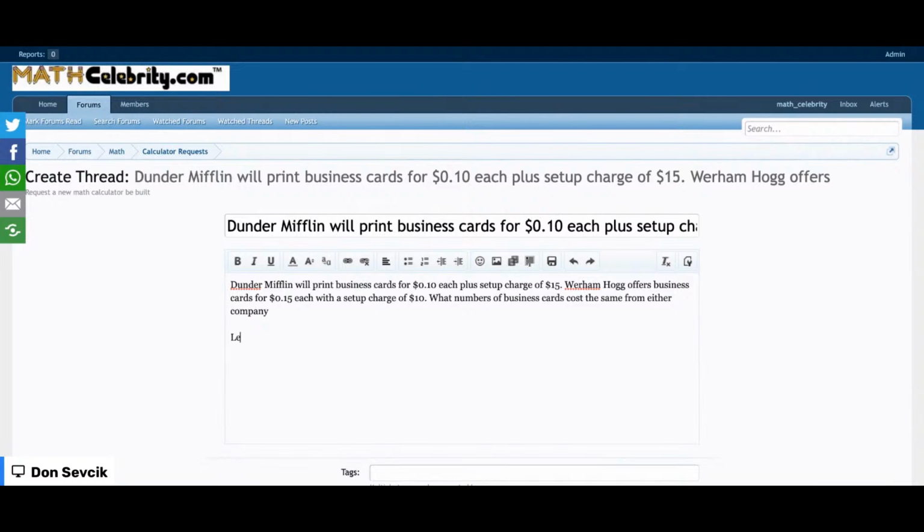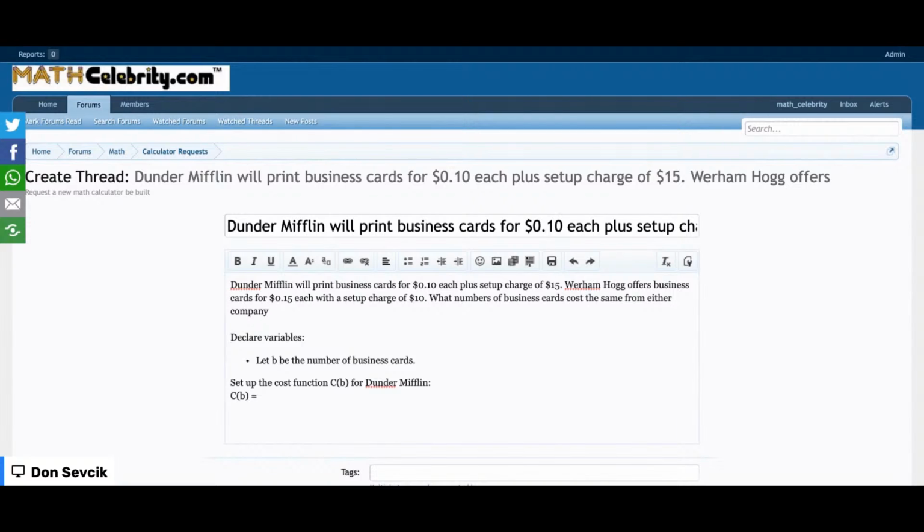Let B be the number of business cards. So declare variables. Set up the cost function C of B for Dunder Mifflin.